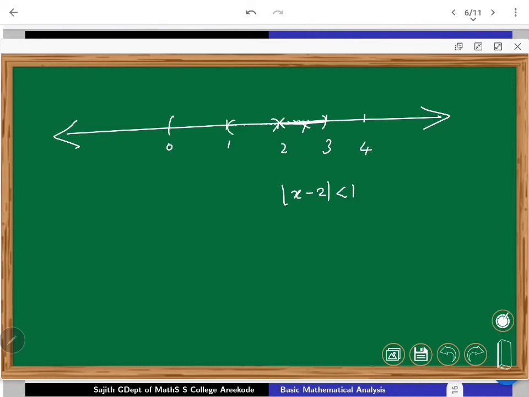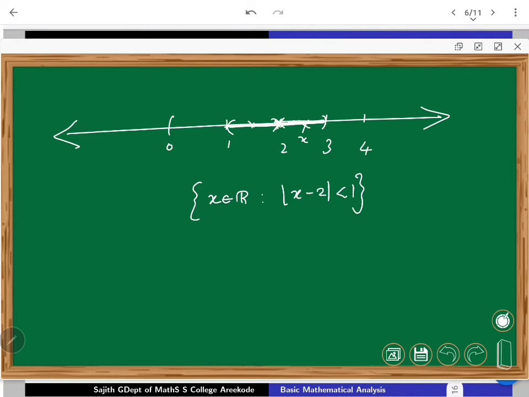So if I am searching for those real numbers x in R such that mod x minus 2 is less than 1, I will find all the points. I can take any candidate from here to here. So if I'm looking at those points x in R satisfying mod x minus 2 less than 1, precisely I am working inside this.